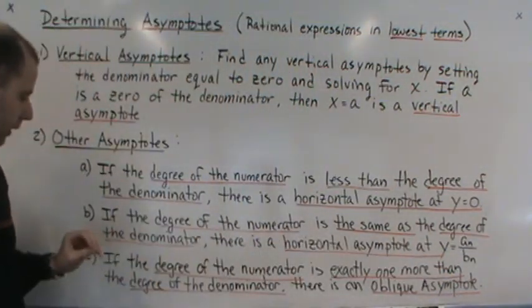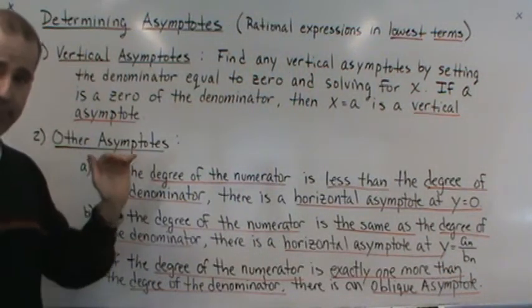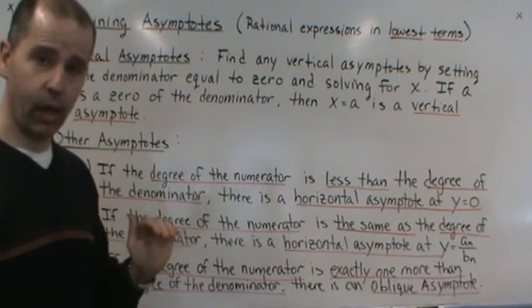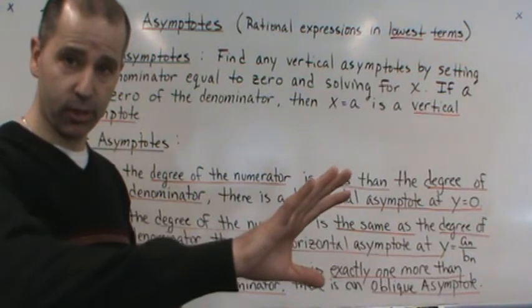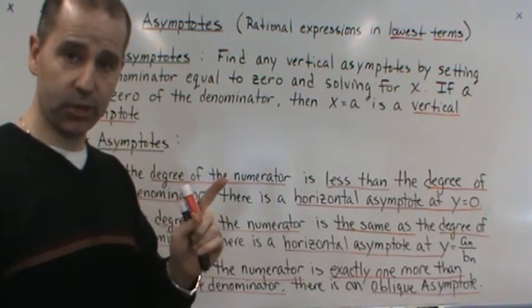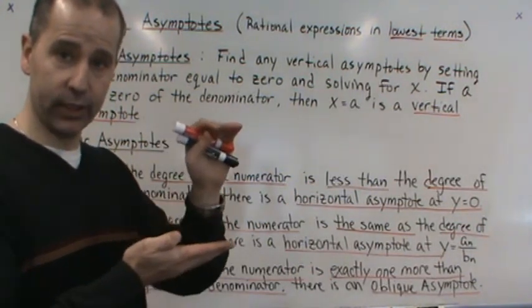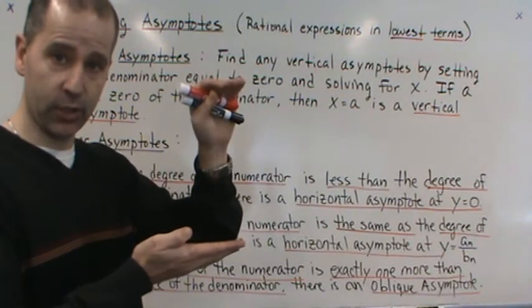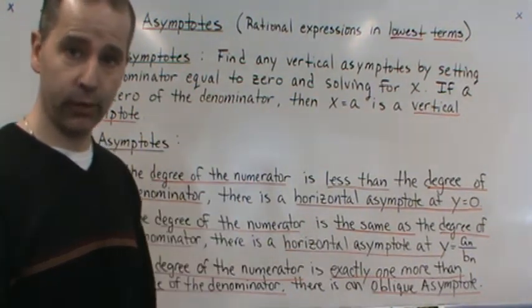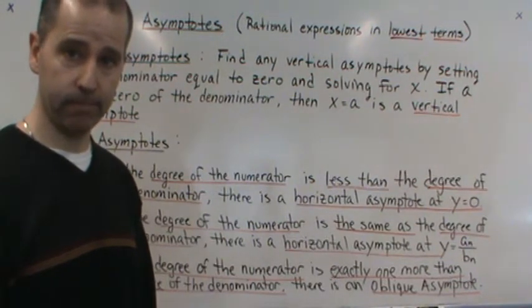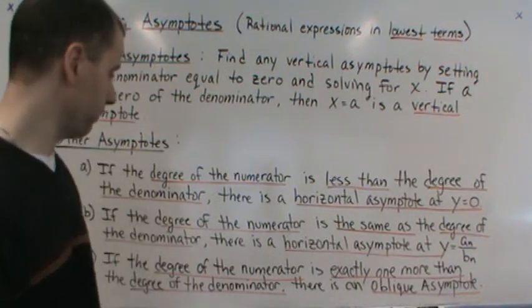So how does that work? If the degree of the top and the degree of the bottom are the same, you ignore all of the terms except the leading terms, and you only look at the ratio of the leading coefficients. That ratio will tell you where the horizontal asymptote is located. That's how you do it. Okay?